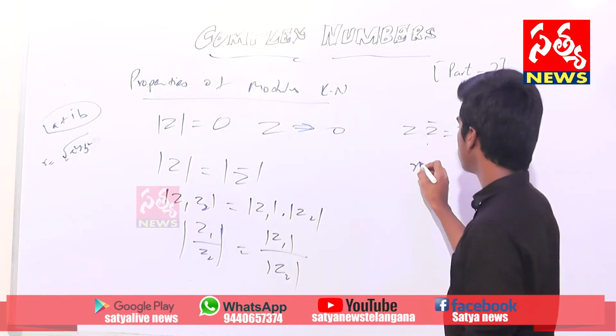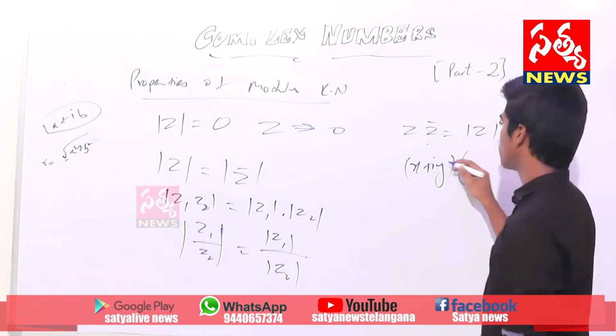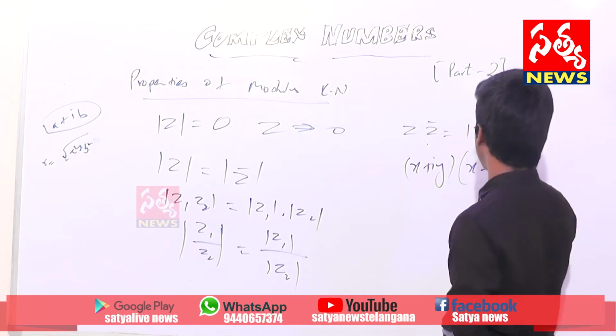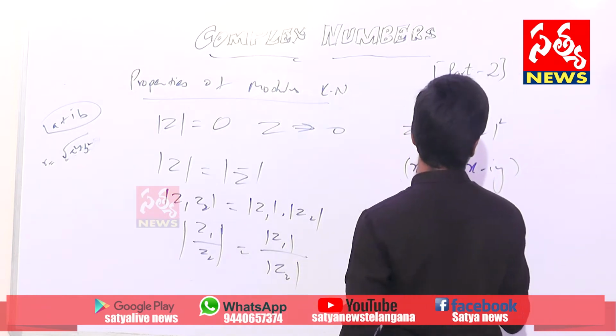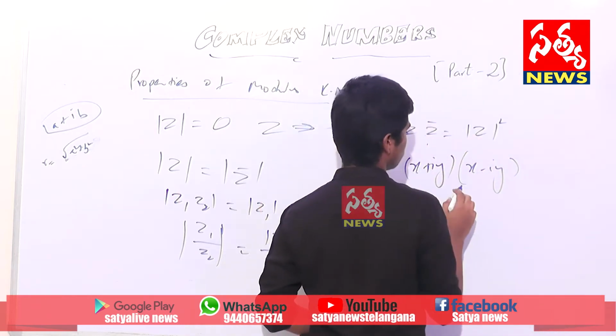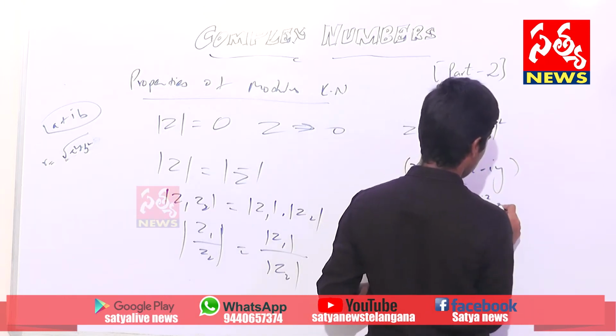Z into z bar means if we take z as x plus iy, its conjugate z bar is x minus iy. Now (a plus b) into (a minus b) is a square minus b square, so x square minus i square into y square.